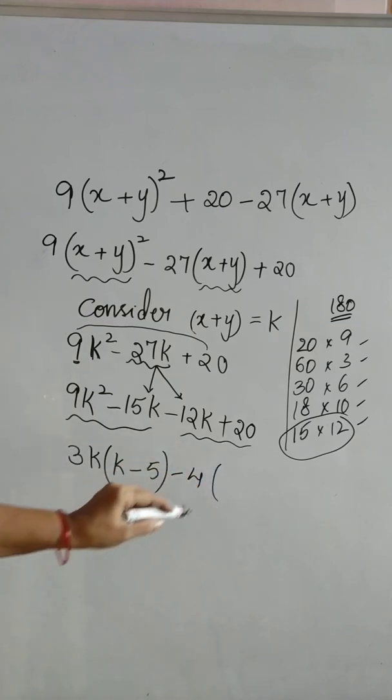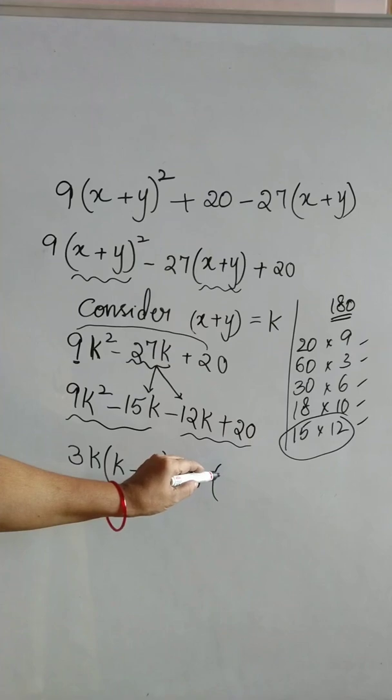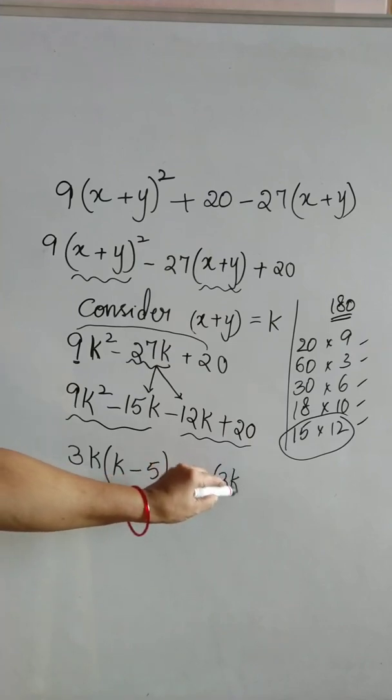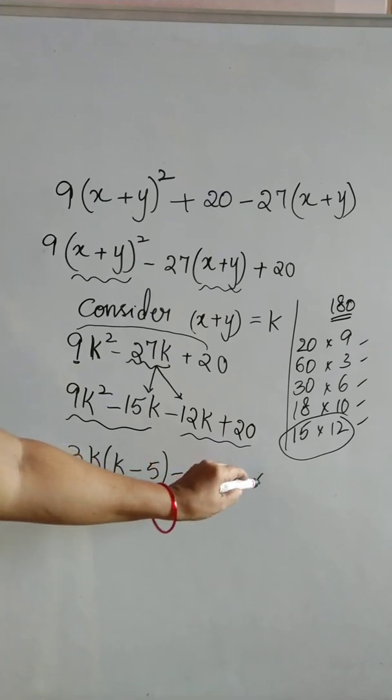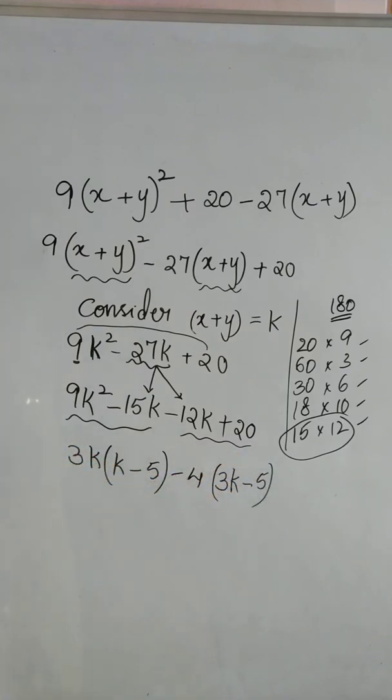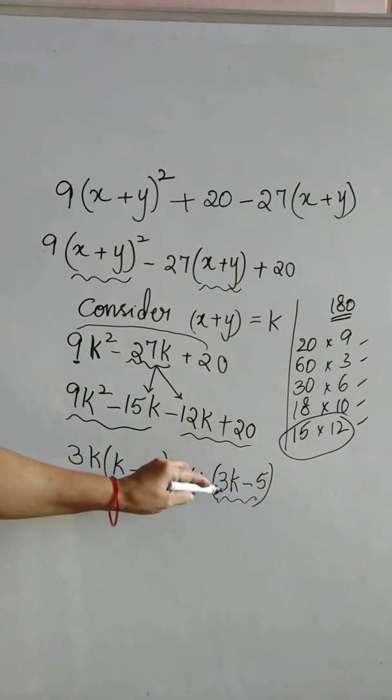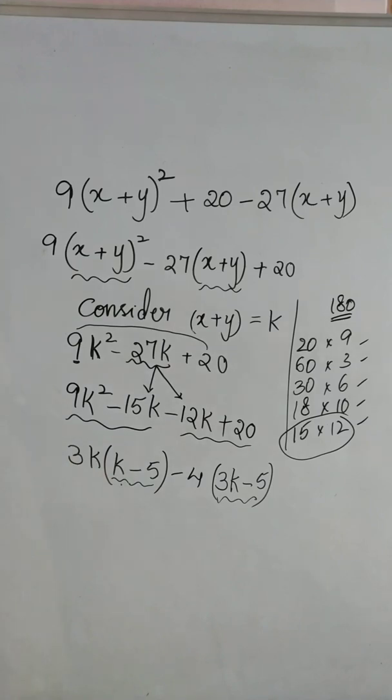So here 3k minus 5, k minus 5 and 3k minus 5. But we didn't get any common factor here. Here we got 3k minus 5 and here we got k minus 5. So further we cannot proceed.